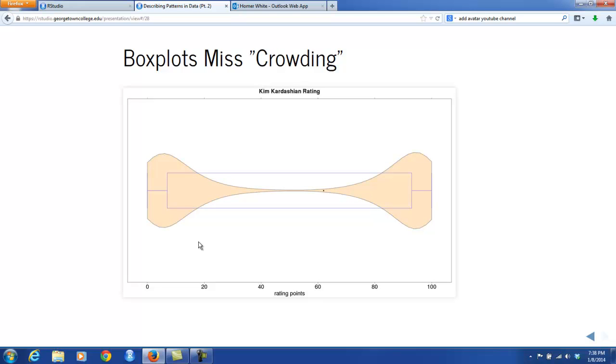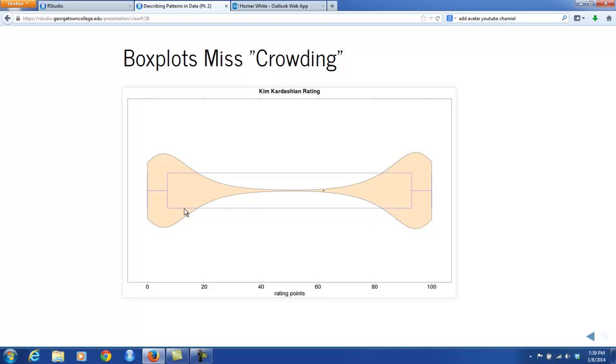They can be a little bit bad at detecting exactly where the crowding occurs. So for example, here is a combination violin and box plot for the Kim Kardashian temperature. And we see a very long box representing the middle 50% of the data. Nothing about that box itself tells us that there's almost no values around 40 to 60, and then instead most of the values are crowded around 0, around 100.